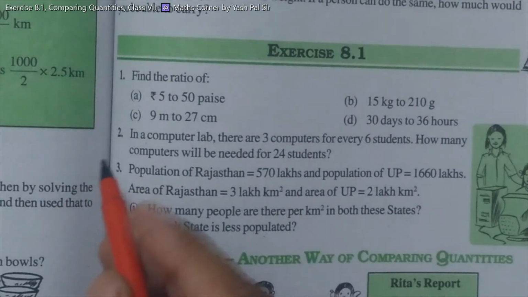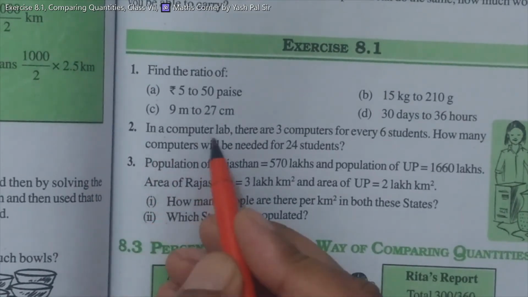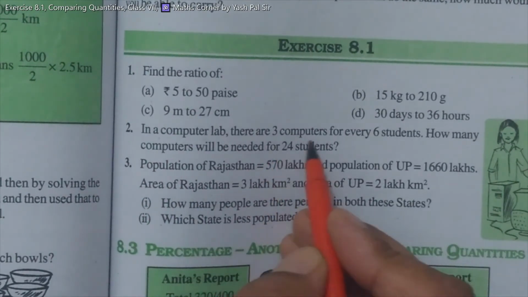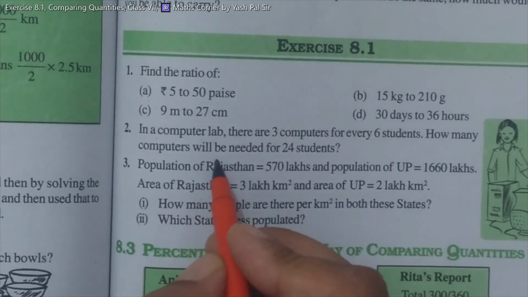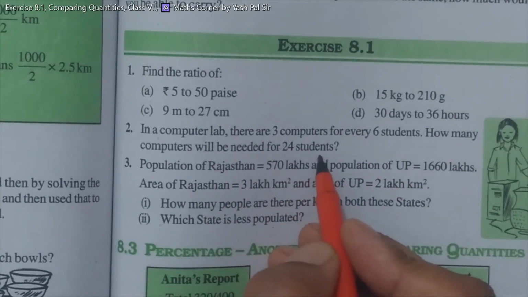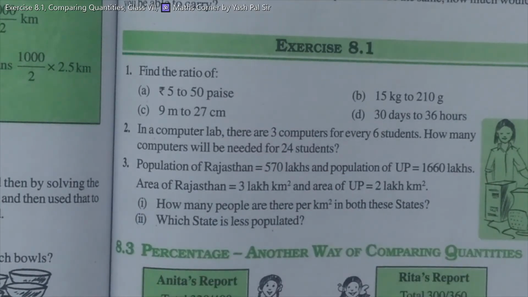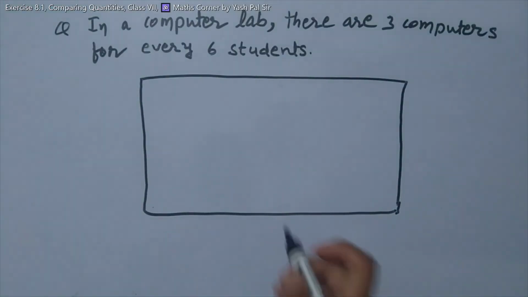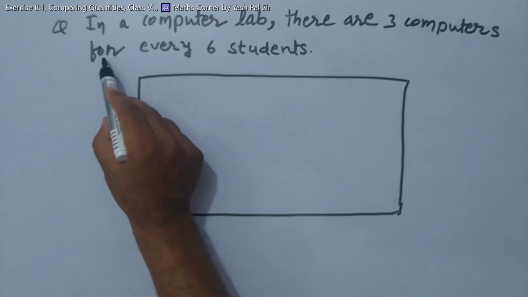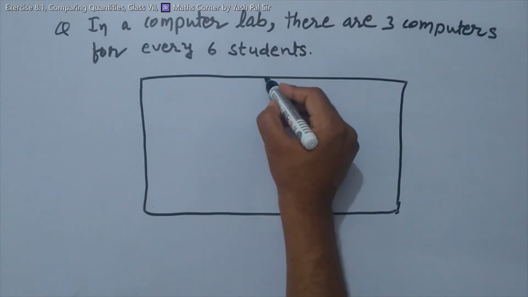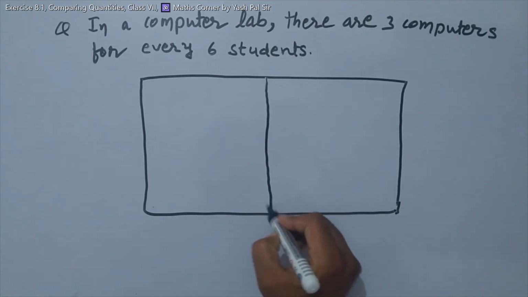Now coming to question number 2. In a computer lab, there are 3 computers for every 6 students. How many computers will be needed for 24 students? Now what is the question? In a computer lab, there are 3 computers for every 6 students. So we make a table like this.